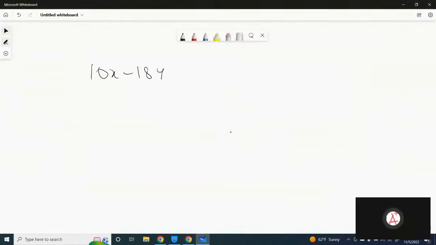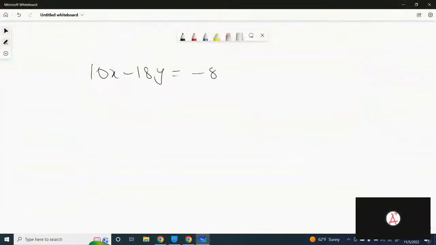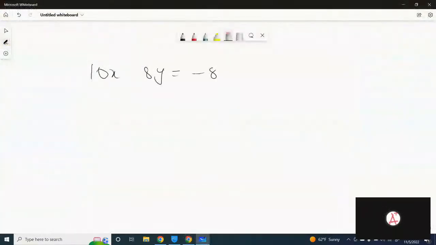The value given is x equals negative 9. Replace the x with the value.